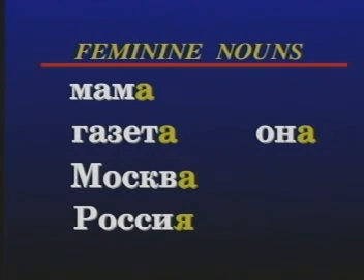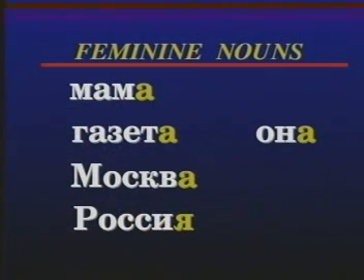Again, we have to look at the last letter in each of these words. Мама ends in A, газета ends in A, Москва ends in A, and Россия ends in Ya. So our feminine endings are A and Ya. Москва ends in A, it's feminine. Россия ends in Ya, it's feminine too.